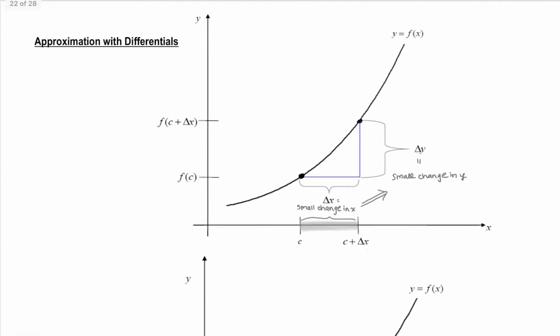It's simply the change in y on the function. If you started at c and went out a distance of delta x, you're now at the point f of c plus delta x. So this actual change in y is simply subtracting the y's: the second y that results after the change in x, f of c plus delta x, minus the first y value, f of c.